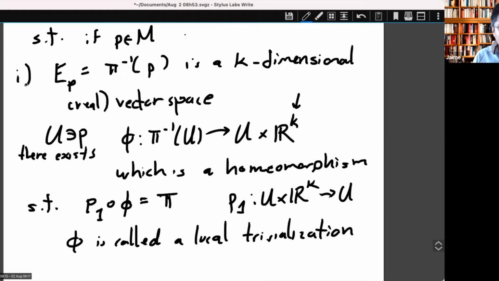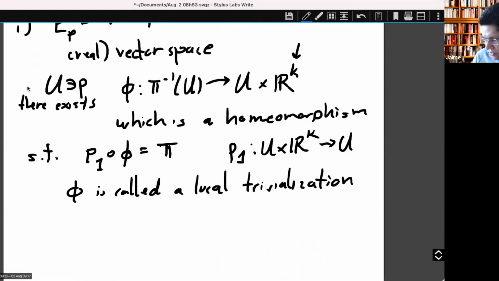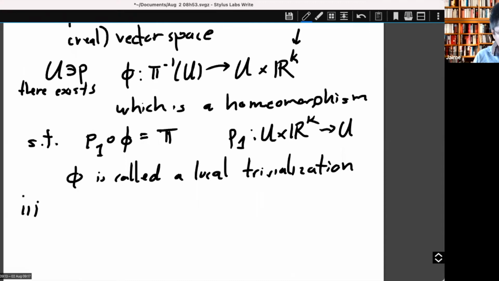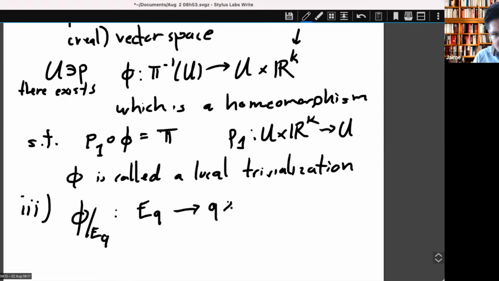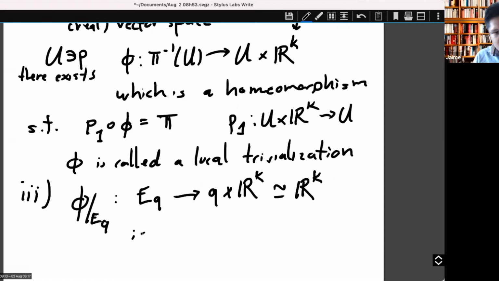And then the other thing we need, besides, there are three things here. You have a K vector space in the fiber, local trivializations, and we also need that when you restrict the local trivialization to one of these spaces, you have something that goes to QRK by property 2, which is of course isomorphic as vector space to RK. Then this should be a vector space isomorphism.